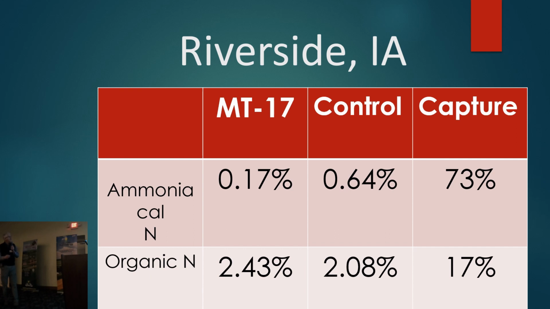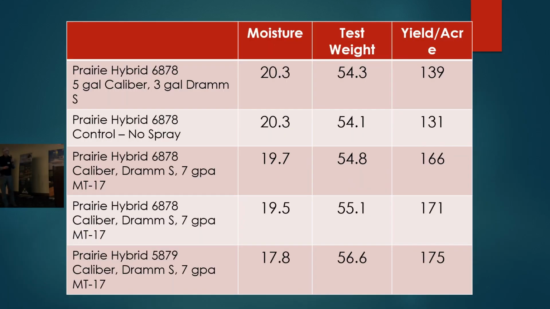Where he added the MT17, the yield went up to 166 on one check, 171 on another check. So 40 bushel swing by adding the liquid calcium, the Dram S, and 7 gallons of MT17.